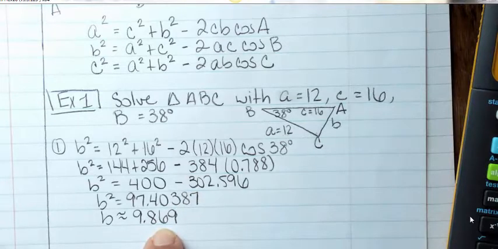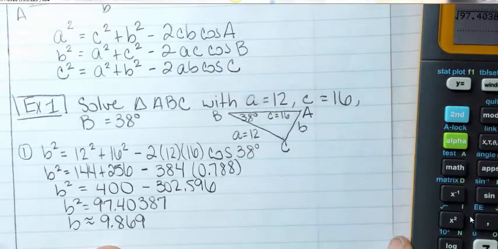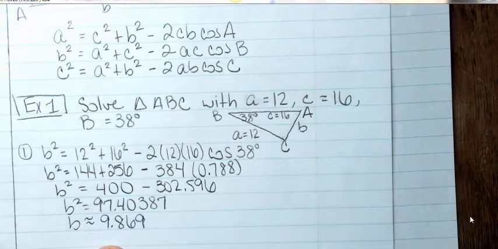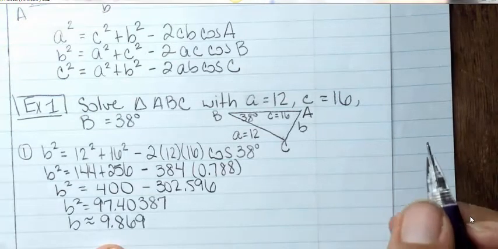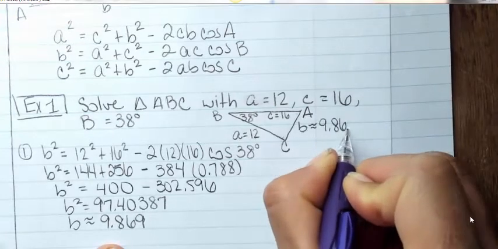It's going to be way too estimated, way too rounded. So just be careful with that. Try and use exact numbers as much as you possibly can, by going back up and using your calculator. I think that's pretty helpful. So side B is approximately 9.869.